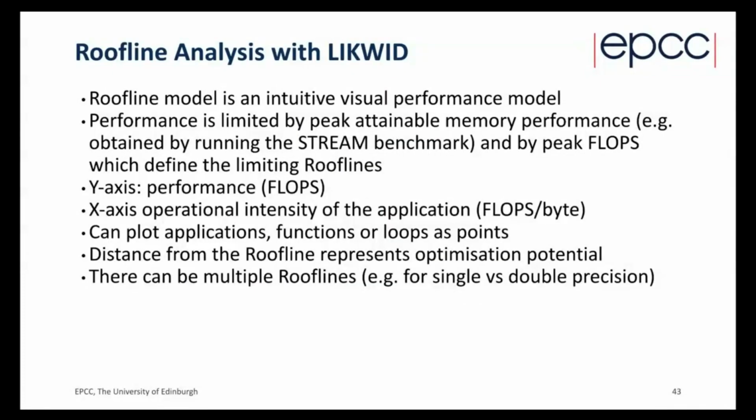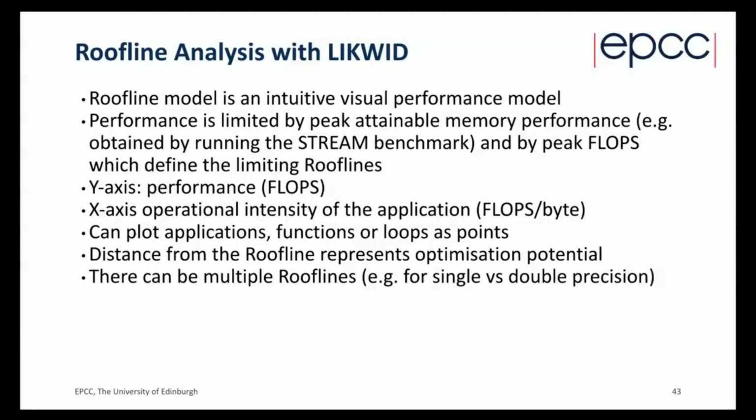The roofline model is a visual performance model that defines empirical bounds on performance, and then the hot loops we can place as dots on a roofline plot. It's based on the idea that performance is mainly limited, on the node, I should say, by memory performance, which is how quickly we get instructions and data into memory and back, and by peak flops.